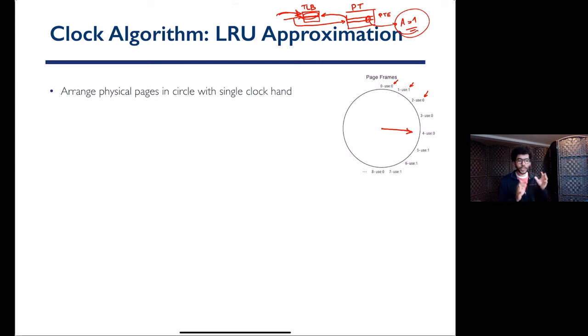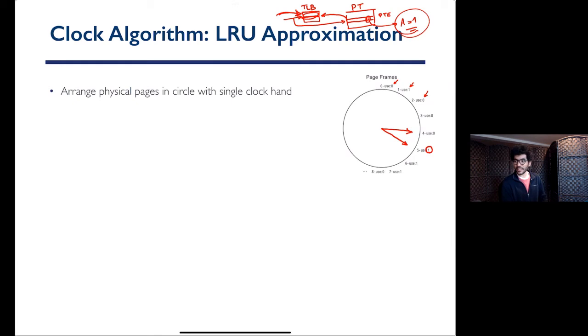Okay, now knowing all of that, let's talk about the clock algorithm. Let's say the clock hand is pointing to this physical page number 4, and let's say a page fault happens. When a page fault happens, I'm going to move the clock hand to the next page, and I'm going to check this access bit.